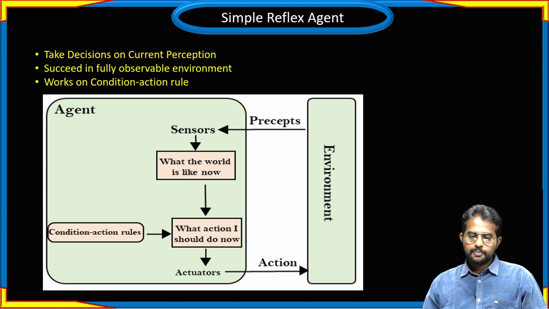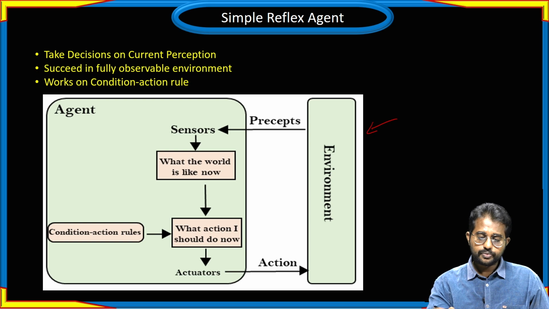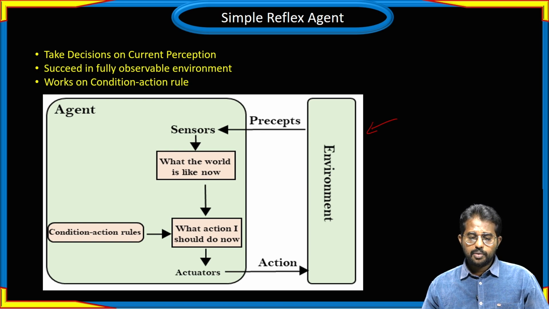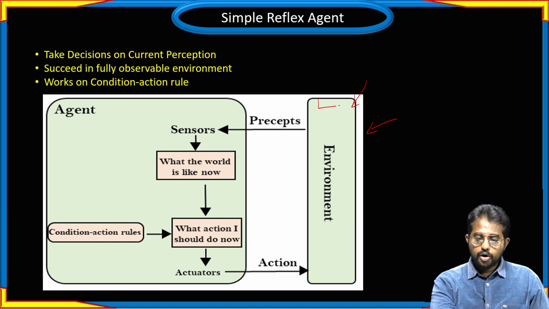Here we can see a block diagram. Some environment is there. As per our example, this environment is a room, and we have to give an automated AC.